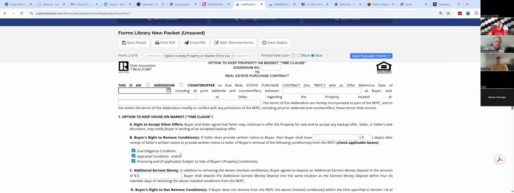I do have one question real quick. Yeah. So, and this is going to sound really dodgy, but let's say that I have a home listed. The offer that comes in has $1,000 earnest money. It's not really that great of an offer. And they do have these contingencies on there, and so we do an active time clause.